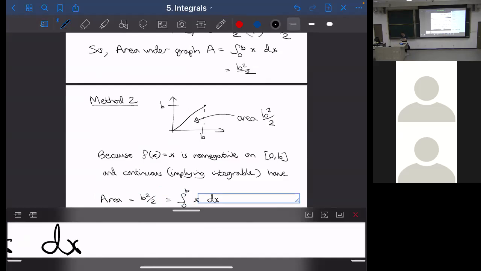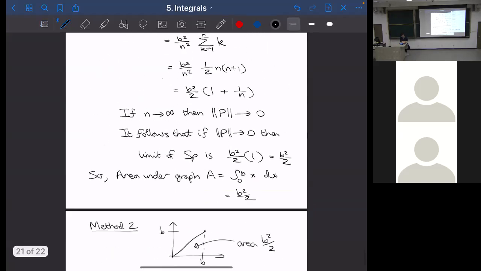Why is f(c_k) equal to kb over n? Okay, let me be more explicit.